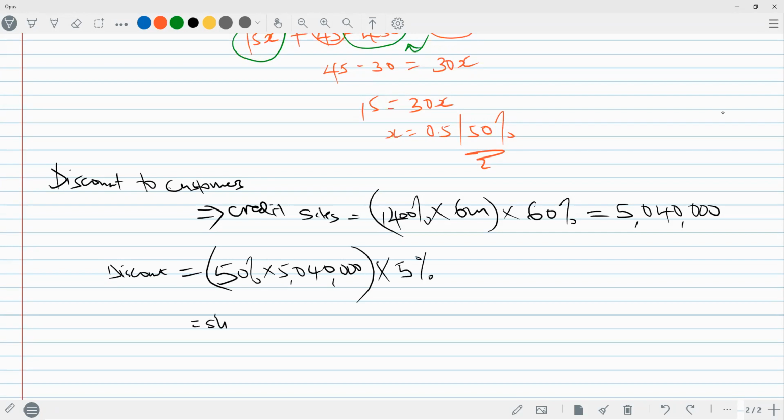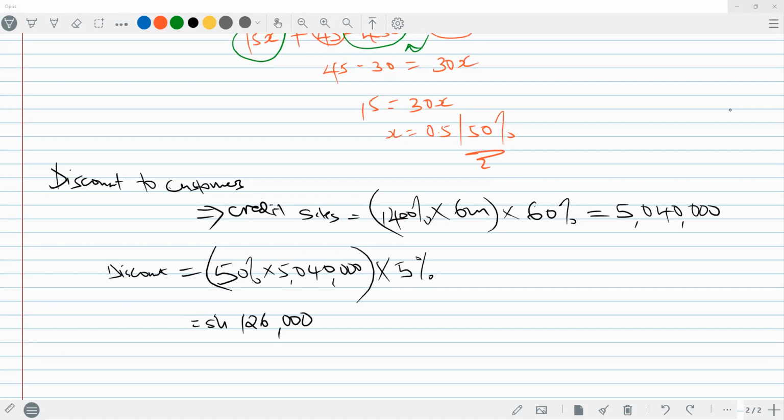Therefore, how much discount do we give to the customers? We get 126,000.